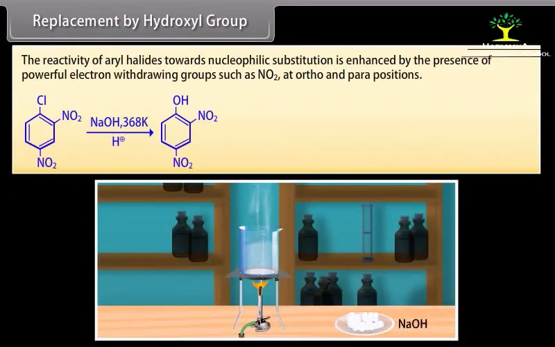The reactivity of aryl halides towards nucleophilic substitution is enhanced by the presence of powerful electron-withdrawing groups such as NO2 at ortho and para positions.